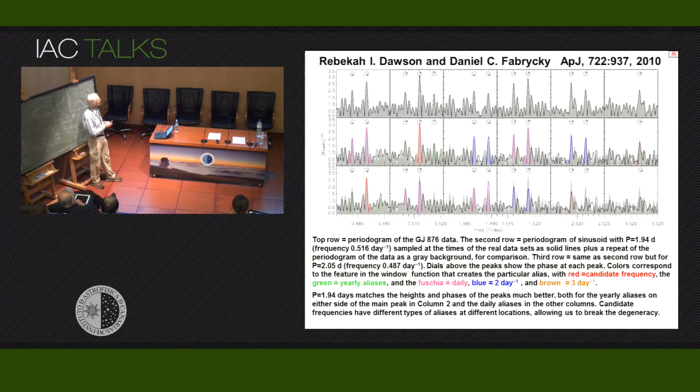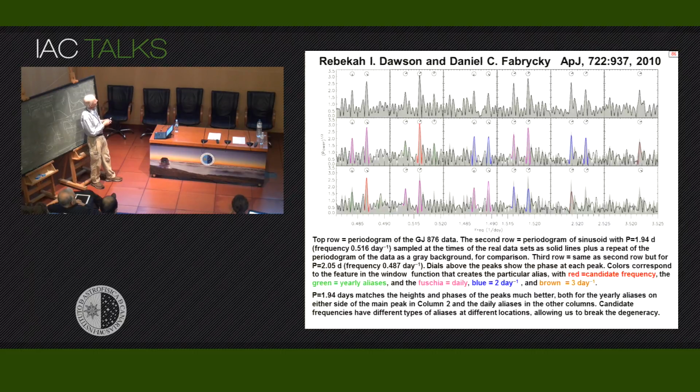So this spectrum here, the second row, is for the 1.94. And so we know in that case, since this is simulated, we know this is the real signal here, and all these other things are aliases. And then in the third row, the real signal is located here, and all the rest are aliases.